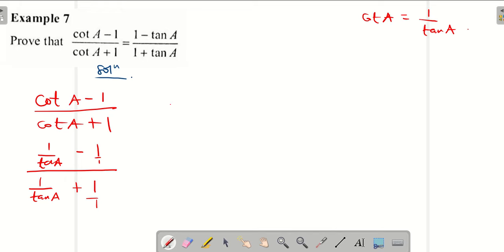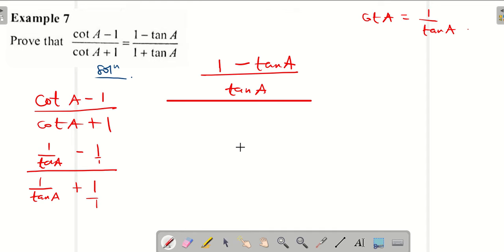Let's focus on the numerator. For the numerator, our LCM is tan A. So for the tan A, we will factorize tan A. We have 1 minus, factorize 1, we have tan A.